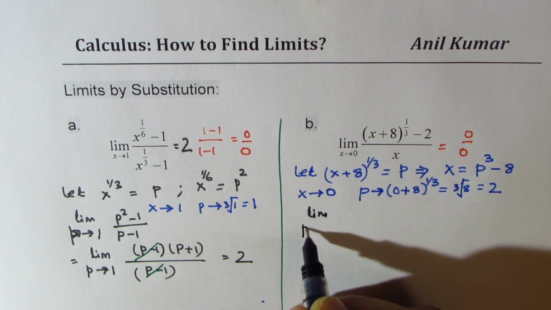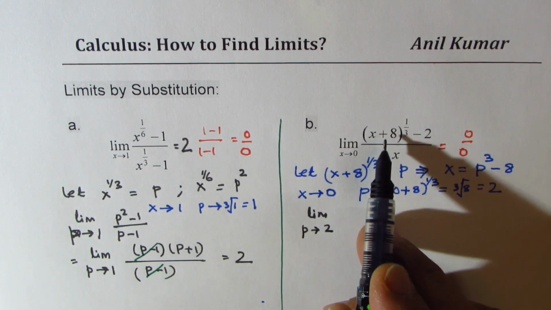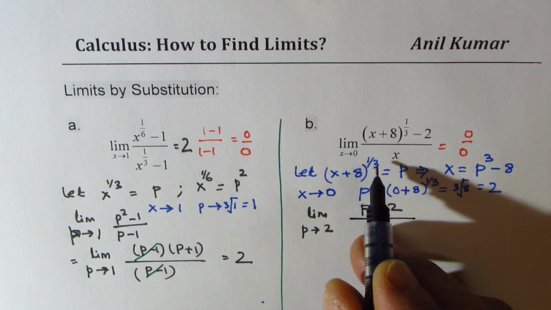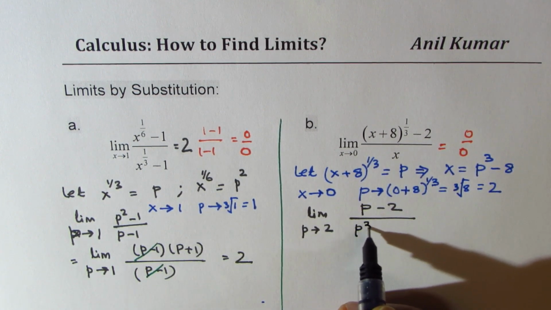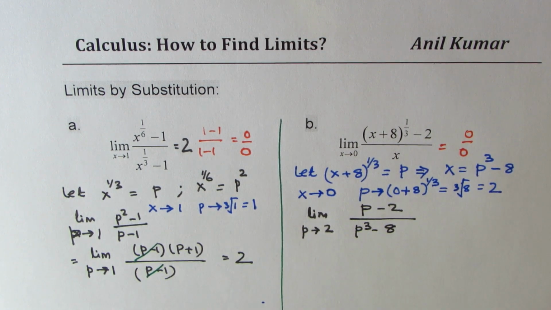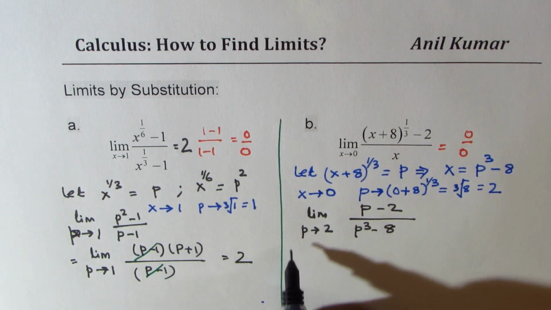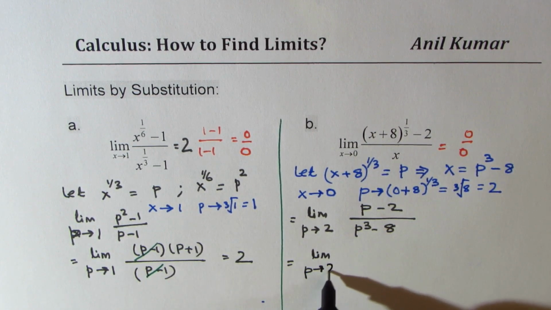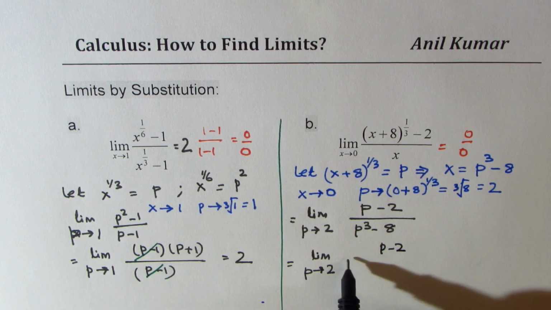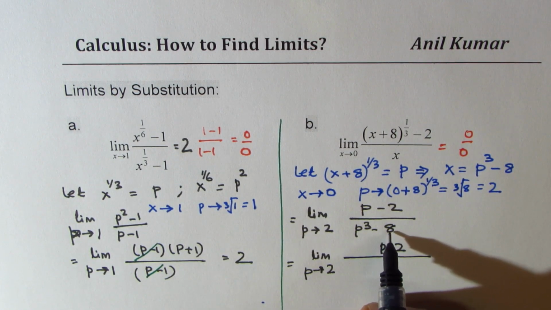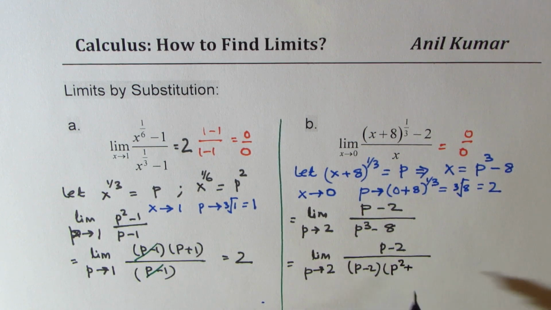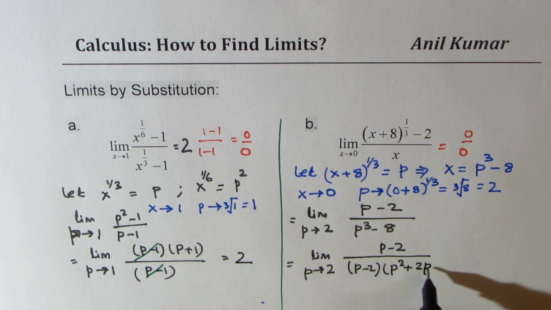Limit is p approaching 2. Here we have p minus 2 in the numerator. The denominator is p cubed minus 8. Got it? So now we could write this as limit p approaches 2. Numerator is p minus 2. Factor the denominator. 8 is 2 cubed. So we get p minus 2 times p squared plus their product, which is 2p, plus 2 squared, which is 4.